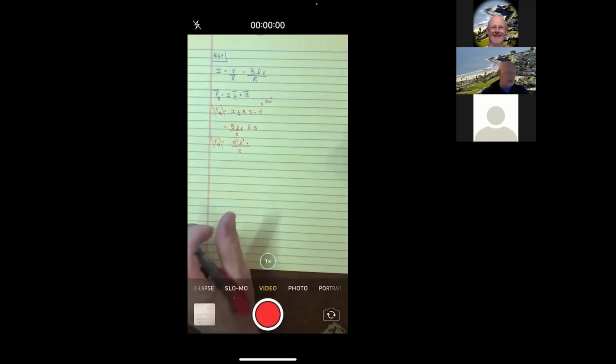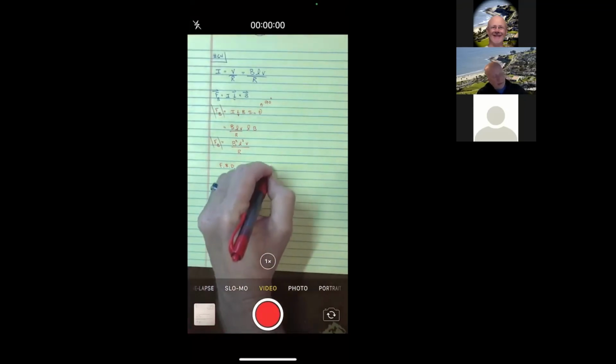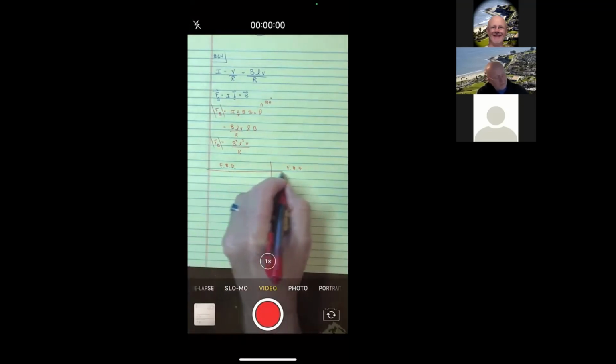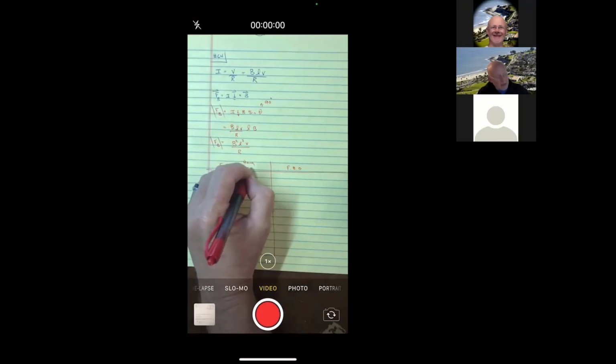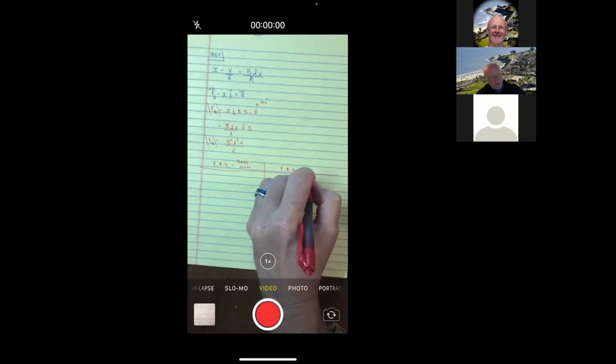Because what makes this, I think, a hard problem is you need to go back to your free body diagrams. I'm going to make 2 of them. One of them is the hanging mass, and the other one is the moving bar.